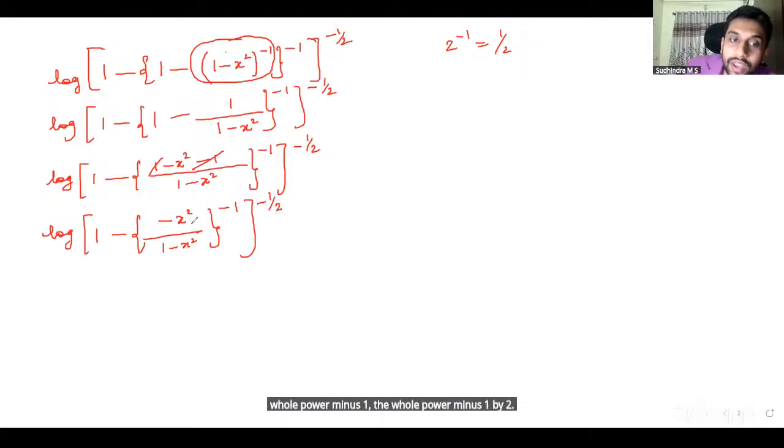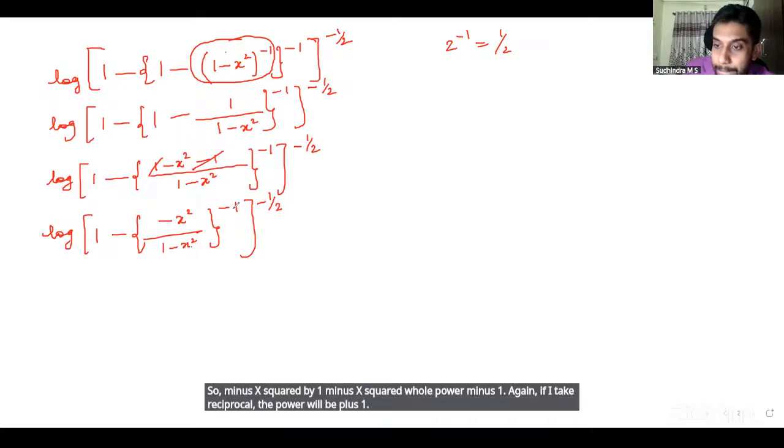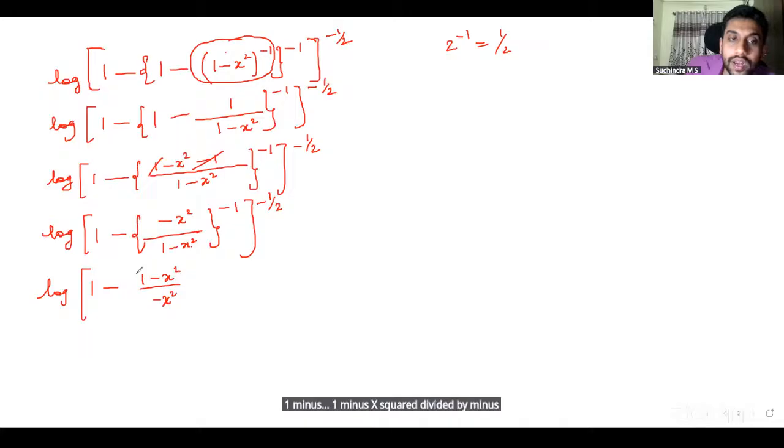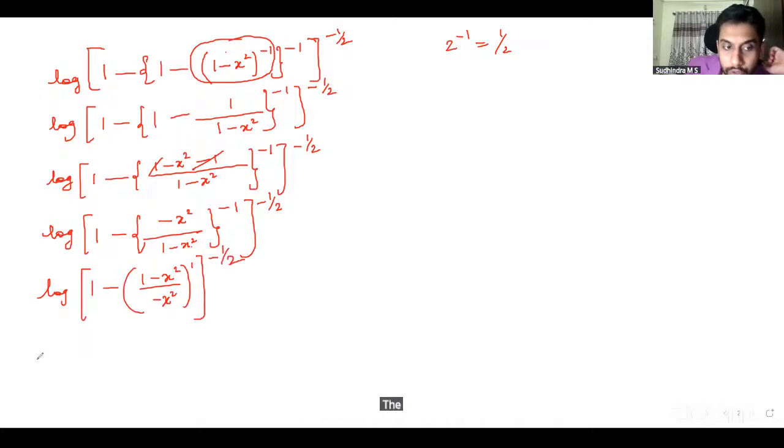Now again here, minus x square by 1 minus x square whole power minus 1. I'll give time to write, don't worry. Again if I take reciprocal, the power will be plus 1. So log of 1 minus x square divided by minus x square would be power 1, the whole power minus 1 by 2.